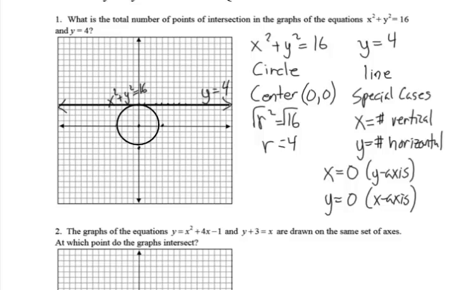And here we have an example where we only have one point of intersection, at 4, because that circle's radius is 4. So we could have 0 points, 1 point, or 2 points. It was just looking for the total number.